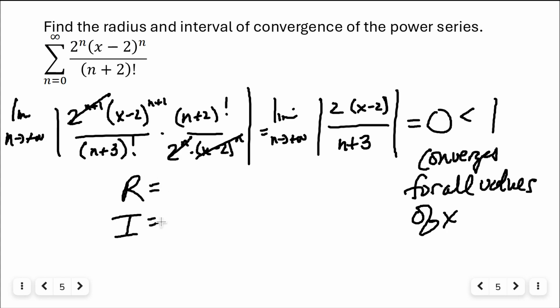The radius of convergence will be infinity. Okay? The radius of convergence is infinity, and the interval of convergence is negative infinity to positive infinity. It's all real values, all real numbers. All right? We don't need to solve that absolute value inequality like we did on the last slide.